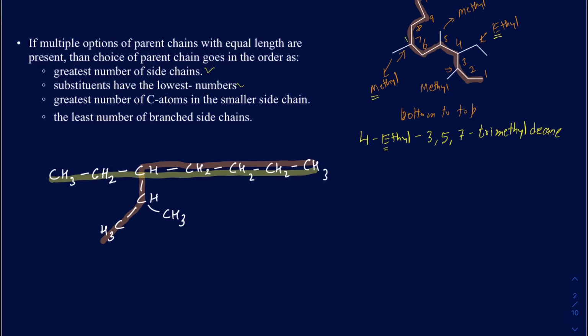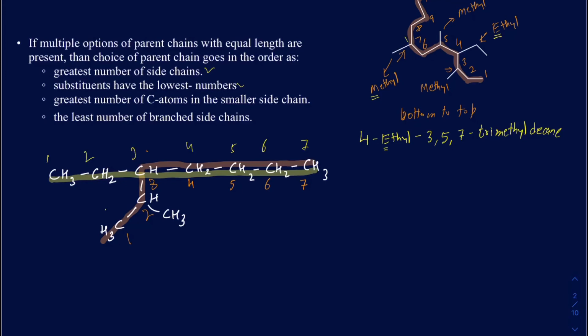If I count from left to right, it's going to be 1, 2, 3, 4, 5, 6, and 7. And you can clearly see you get only one substituent in that case. However, if you take the other parent chain, it's going to be 1, 2, 3, 4, 5, 6, and 7.